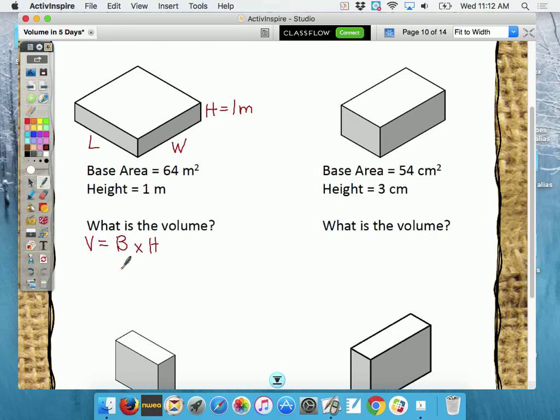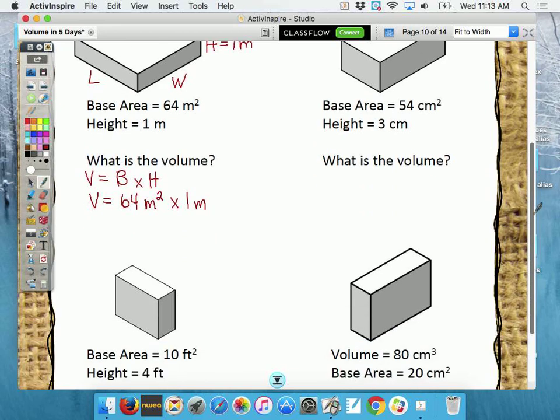And we're going to practice that at the bottom, okay? But right now, this is pretty simple. We're going to take our base, which is 64, what? Meters squared. And take it times the height, which is what? 1 what? Meter. And you can't leave off labels. And if you get them incorrect, then it's wrong because there's only one way to label these problems.